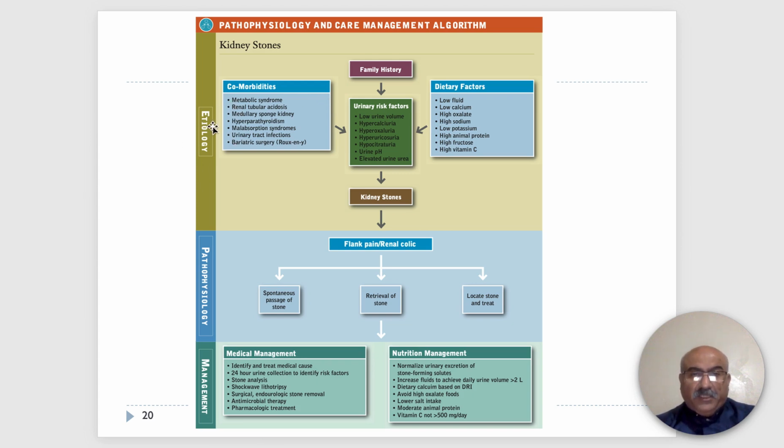Part 1 etiology, part 2 pathophysiology, and part 3 the management. The etiology means how the stones form. The pathophysiology, what happens in the body once they form. And for the management, how we treat and prevent them.